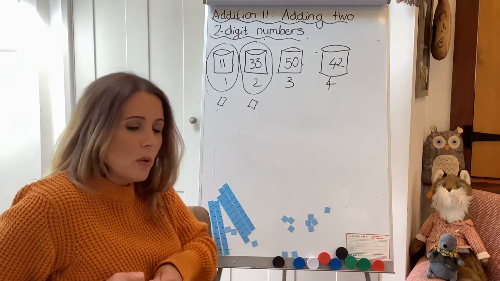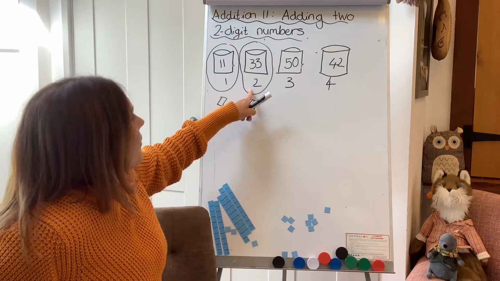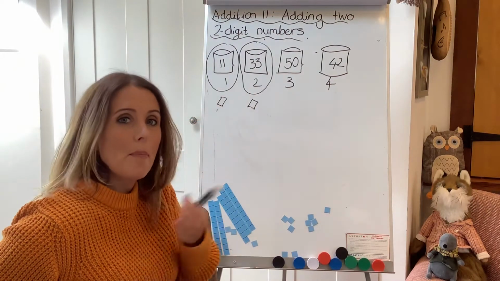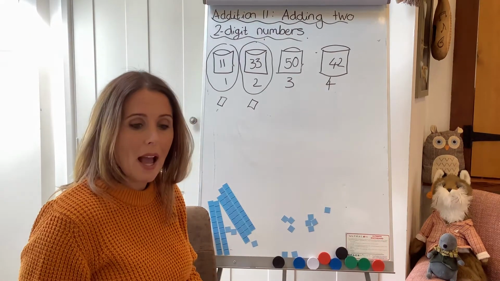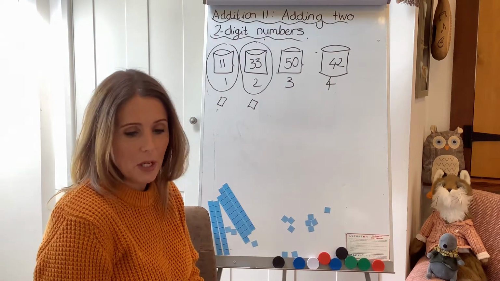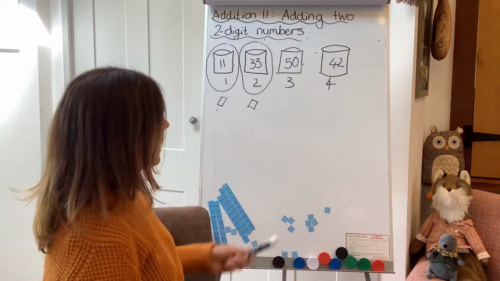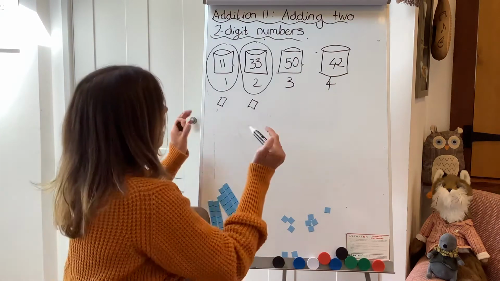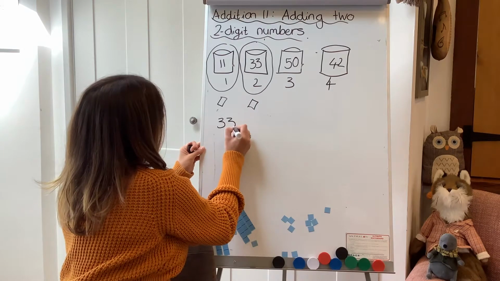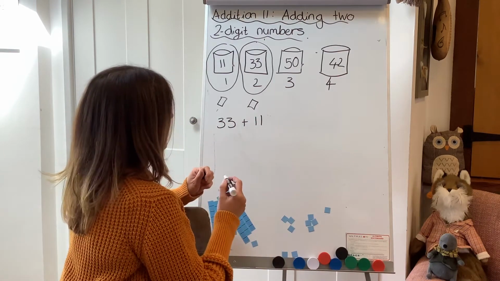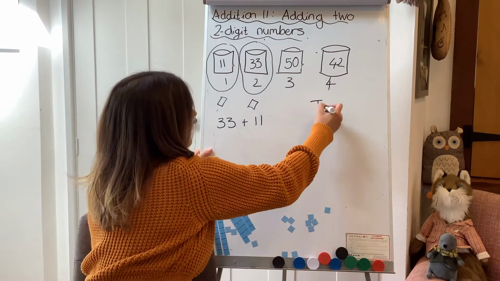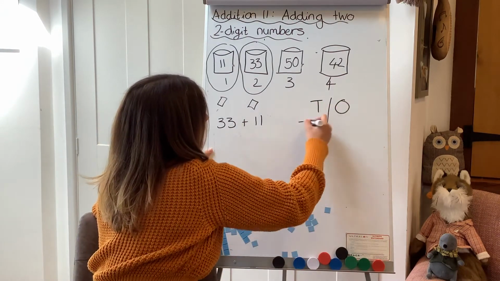Okay, so what number did you think to start with? 33, because if you start with a bigger number then it's easier, less counting on to do, more chance of being accurate and it's more efficient. Okay, so I'm going to show this using 10s and 1s. So we're going to have 33 add 11. So we can partition this into 10s and 1s to help us.